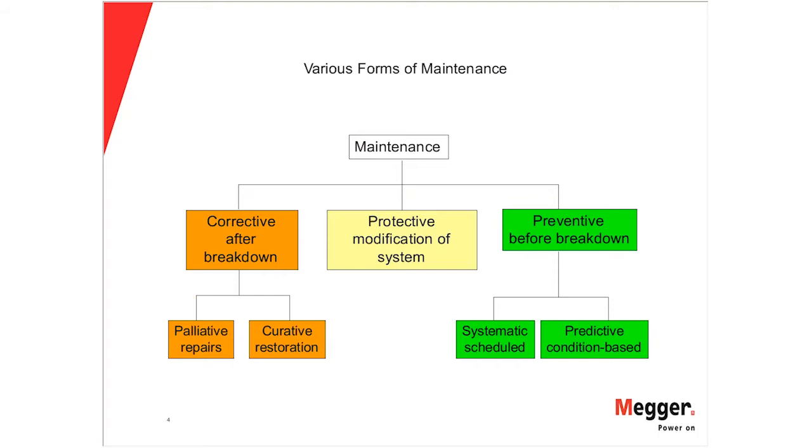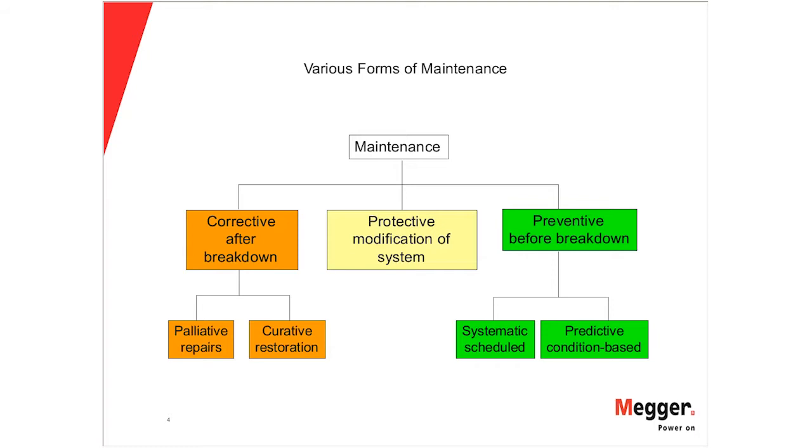However, today you would like to see the weak point in your circuit before the circuit fails. And this is done if you move to the right-hand side, preventive before breakdown, and here the lower field, condition-based maintenance.